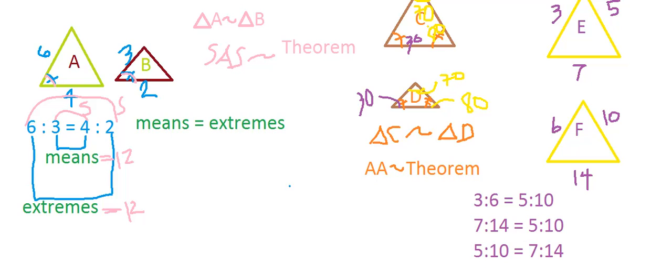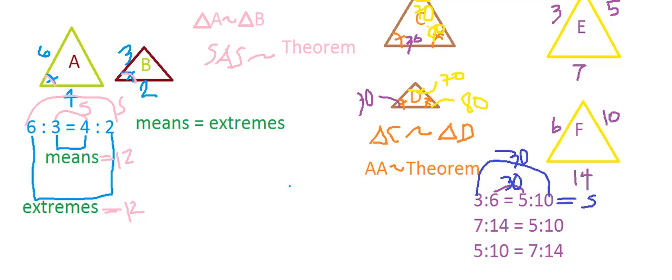The means here, how much is this? This is 30, right? So this is 30. What about the extremes? This is also 30. Therefore, they are proportional.